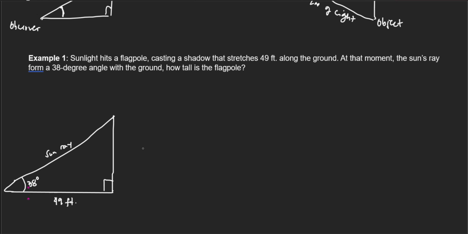Now the question here is that we're looking for the height, which is from this point to this point. If you notice, our given illustration is somewhat similar to our discussion of the trigonometric ratios, SOHCAHTOA. We can apply the concept of SOHCAHTOA to identify the missing side.